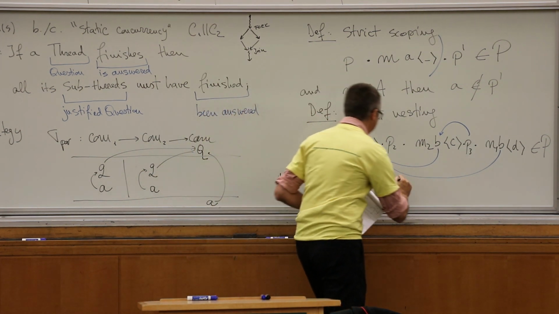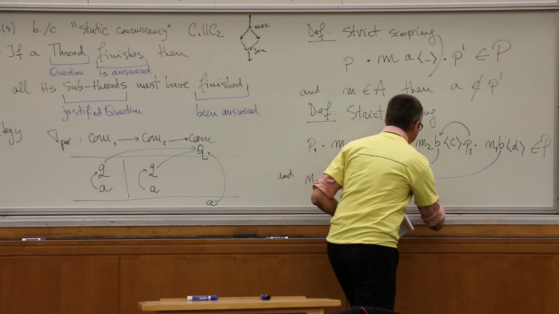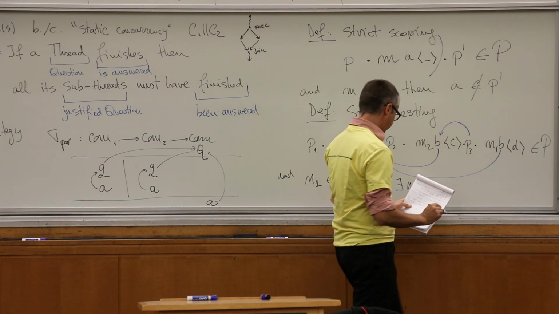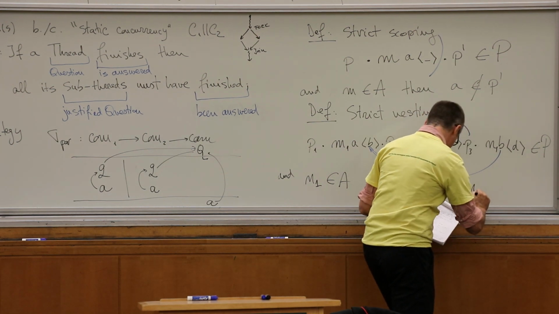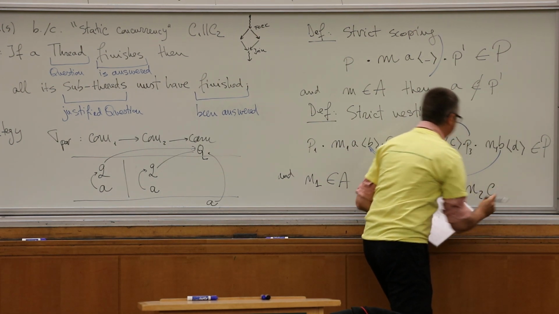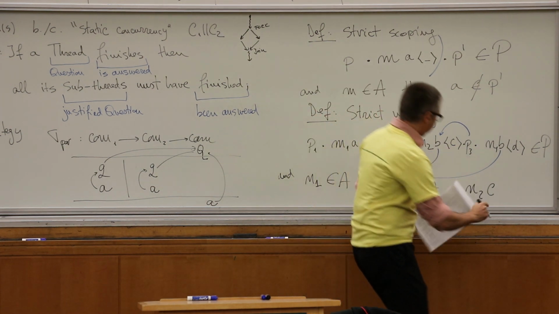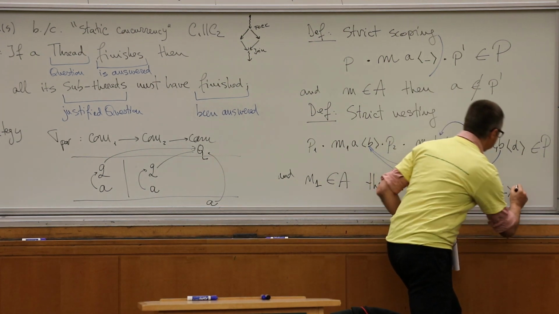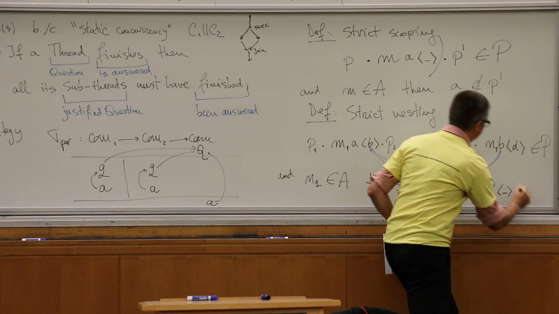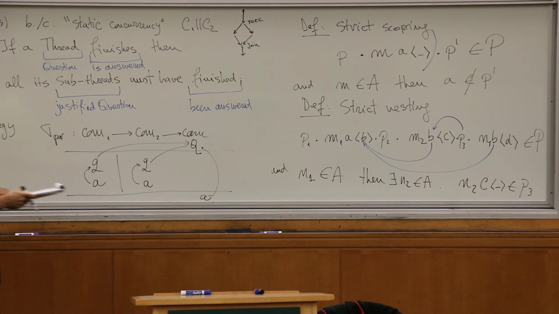So that means that there must be an N2, which is also an answer, such that the answer N2, with a pointer C, and again, because it's an answer, we don't care what it introduces, occurs here in P3. Okay?